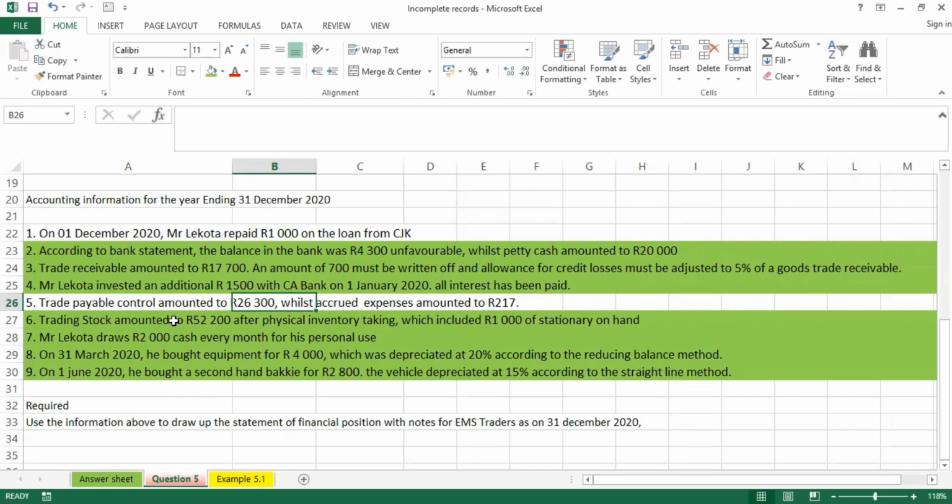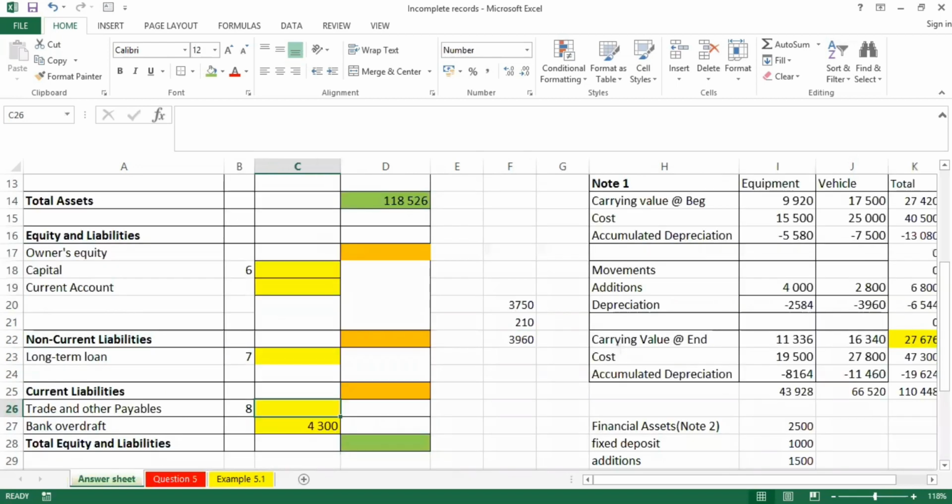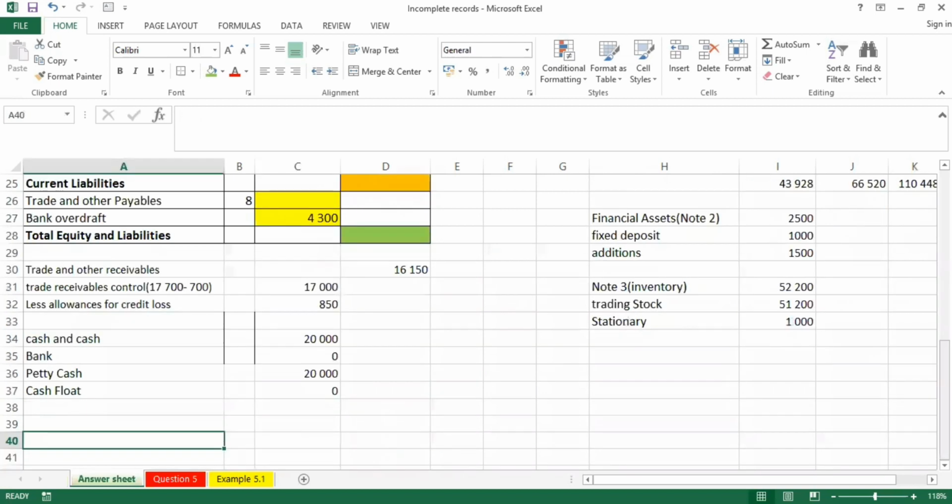They're saying trade payable control amounted to 26,300. So let's do the note quickly for trade and other payables.